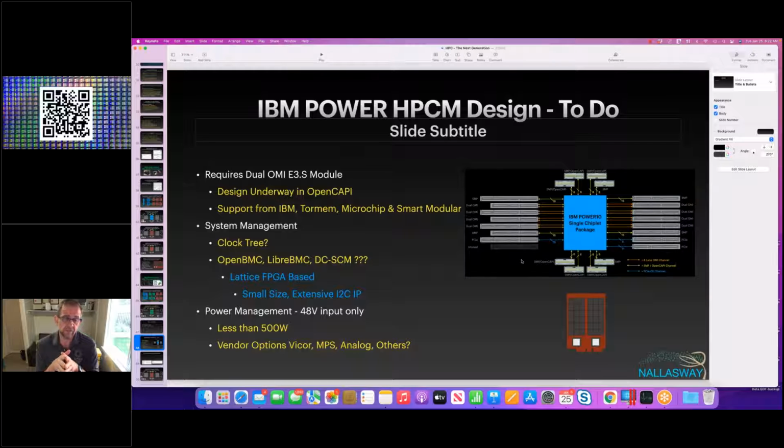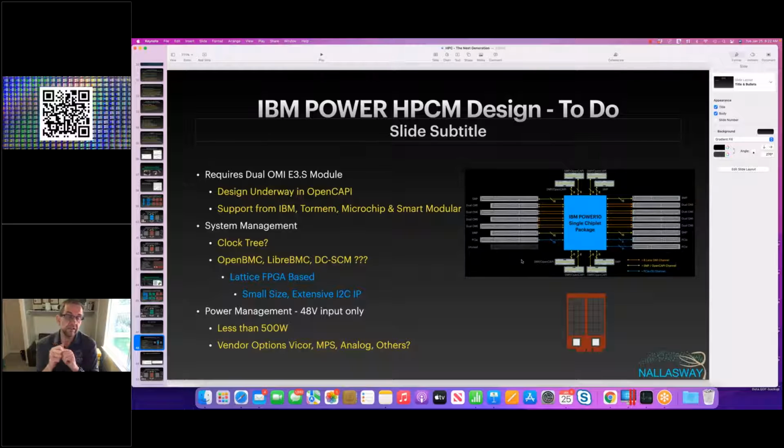And just while I'm on the BMC side of things, I think that both Lattice and Xilinx are being used for the open sourcing of this technology from a hardware perspective. I've chosen Lattice here for a couple of reasons.